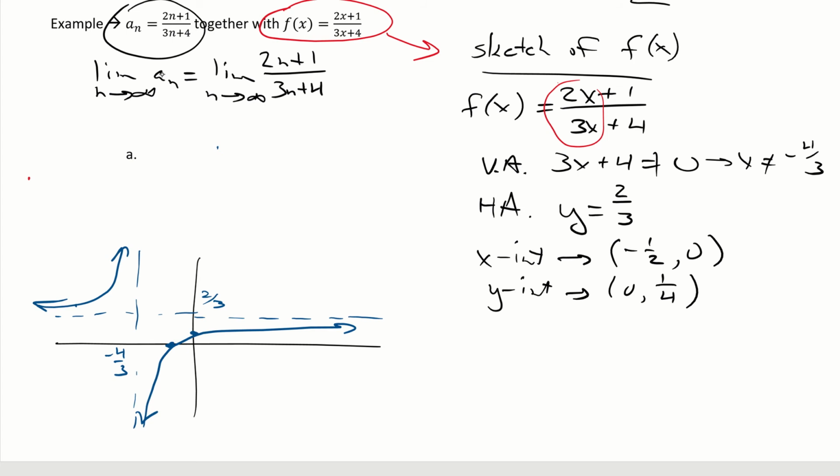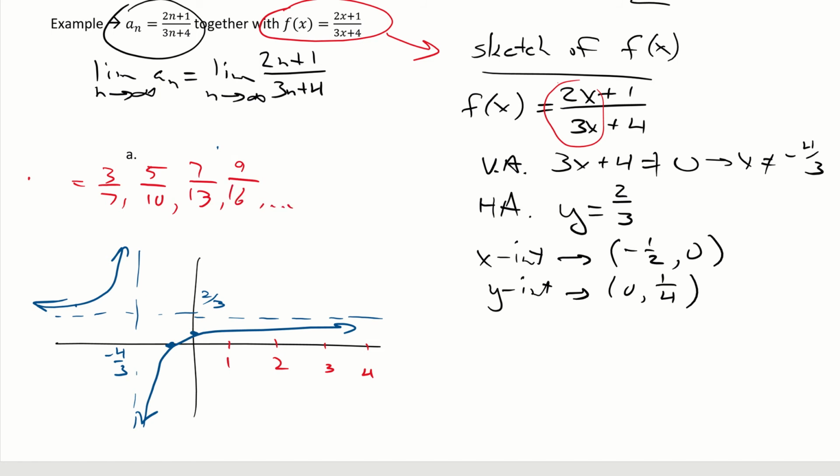The counting numbers start here, this is 1, and this is 2, and this is 3, and this is 4. If you plug those numbers in, remember we did this one already? 1 gave us 3/7, and 2 gave us 5/10, and then the pattern continues: 7/13, next one is 9/16, and you can keep going.